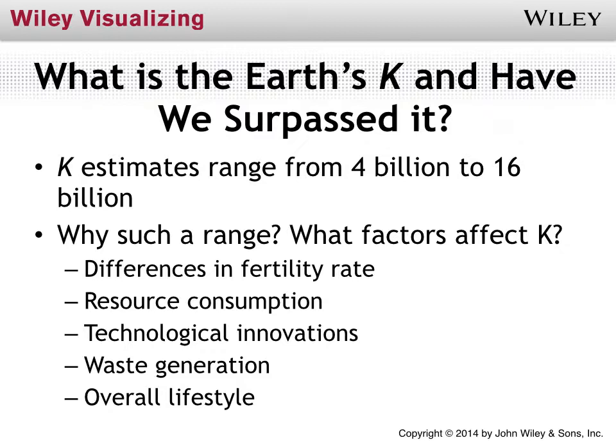So how could we have a carrying capacity of 4 billion if our current population's at 7 billion now? And if the carrying capacity is 16 billion, does that mean the population's going to overshoot 16 billion like we saw with the reindeer population? And then what happens after that point?